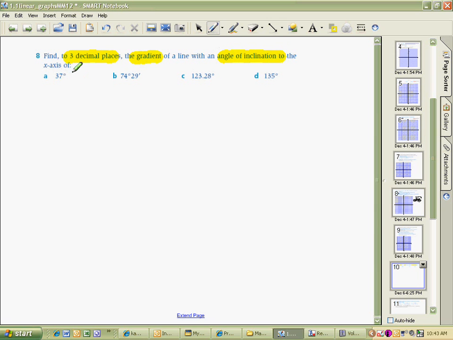What does that mean? Well, if we have our axes like so and like so, you know which one's the x-axis, of course. So there's your x-axis, there's your y-axis. Now it says the angle of inclination to the x-axis.